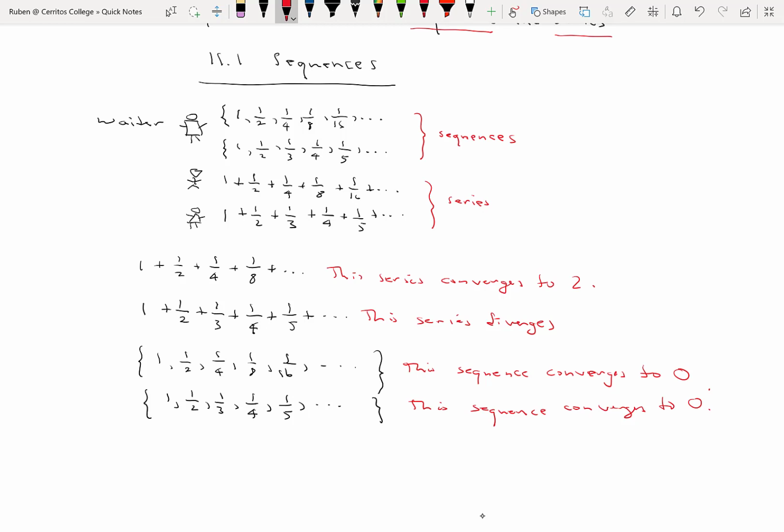The slices of pizza that the guy is ordering are getting small fast enough so that throughout all time, the amount of food in his stomach will approach 2. Her slices of pizza are not converging to 0 quickly enough. Throughout all time, the amount of pizza in her stomach will become infinite. Interesting to note about her series is that it diverges, but very, very slowly.